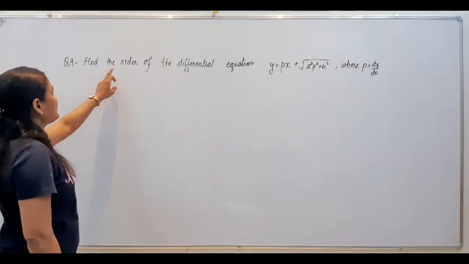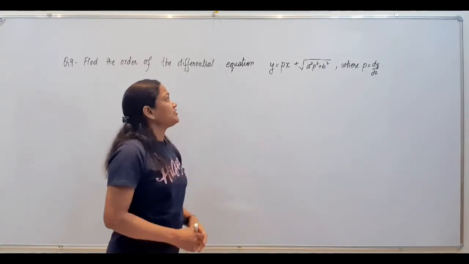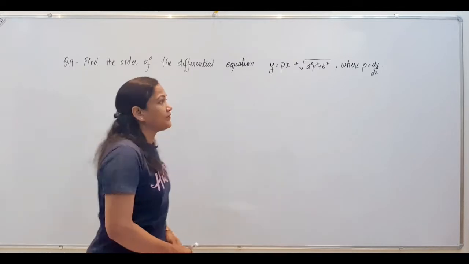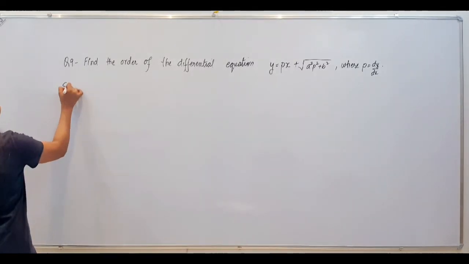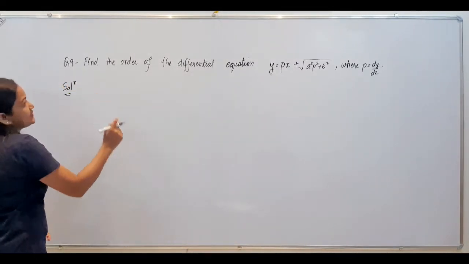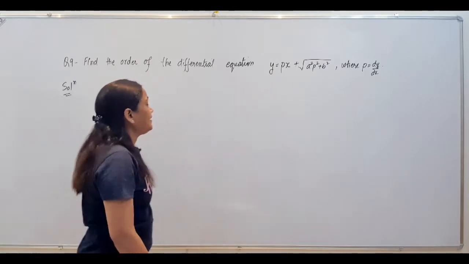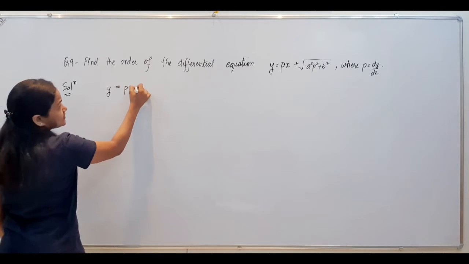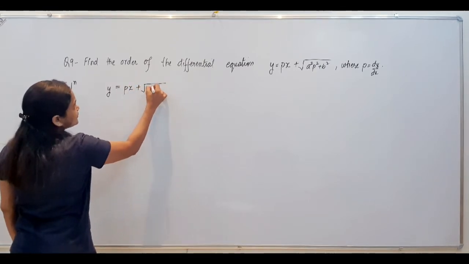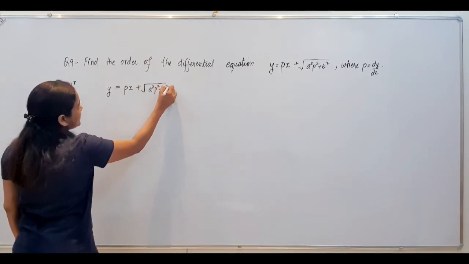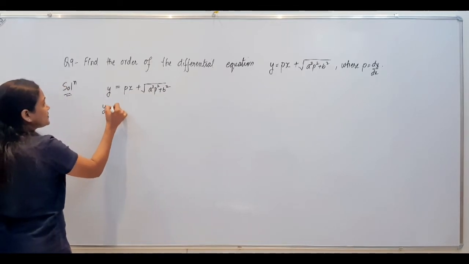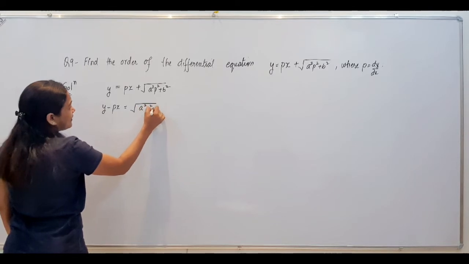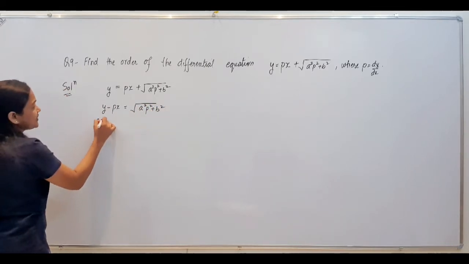Your 9th question is find the order of the differential equation y is equals to px plus root a square p square plus b square, where p is dy by dx. तो आप क्या करेंगे, अभी आप ऑर्डर जज नहीं कर पा रहे हैं, बट लेट्स टेक द इक्वेशन फर्स्ट, a square p square plus b square. आप px को यहाँ शिफ्ट कर लो सबसे पहले, and then squaring both sides.